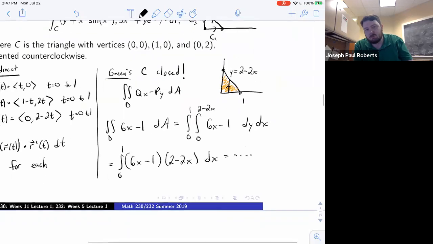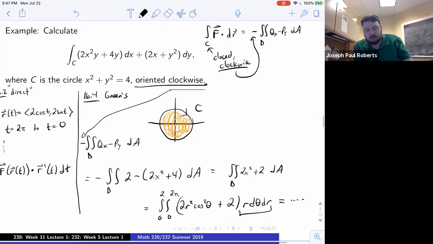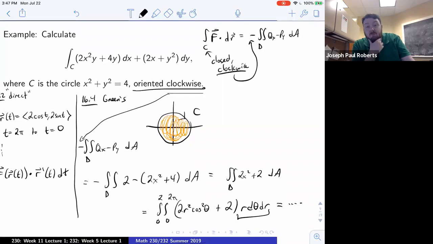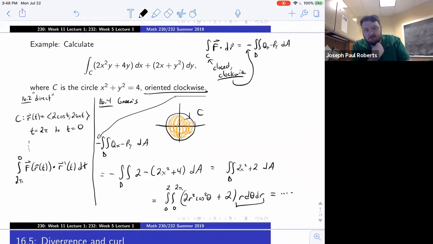You really have to be comfortable with all this stuff. That's why chapter 16 is so difficult, because if you're rusty and not good at any of the earlier topics, you're going to have a hard time when they all show up at once.